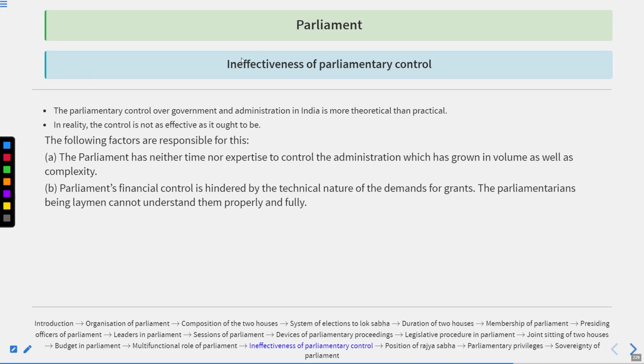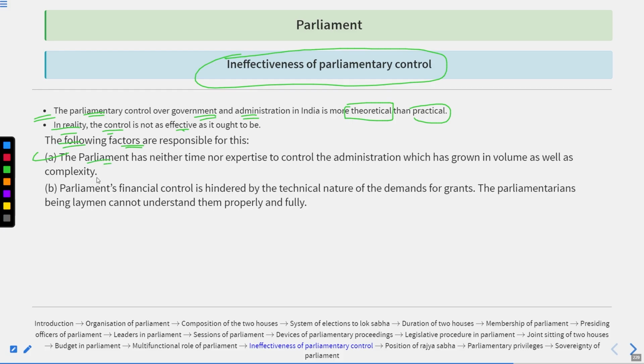Thereafter, if we talk about the ineffectiveness of parliamentary control, the parliamentary control over the government and the administration in India is more theoretical on paper than practical in reality. In reality, the control is not as effective as it ought to be. The following factors are responsible for this.